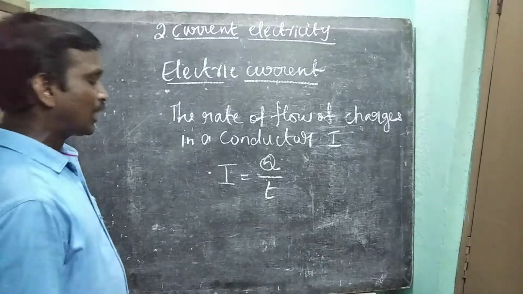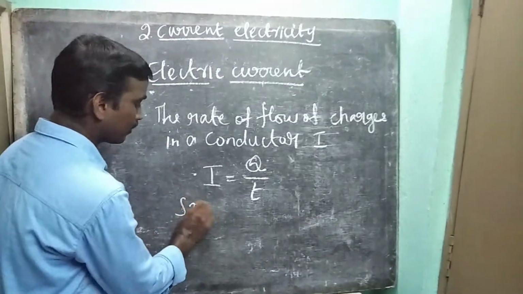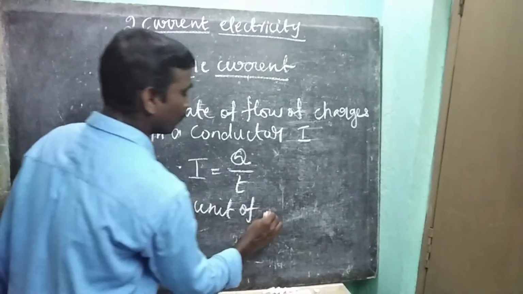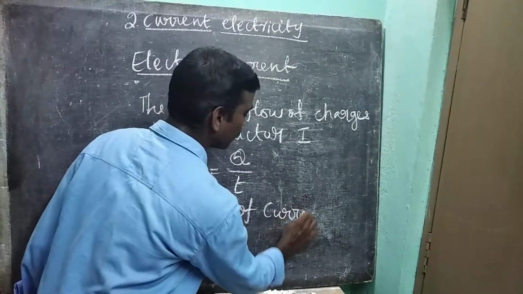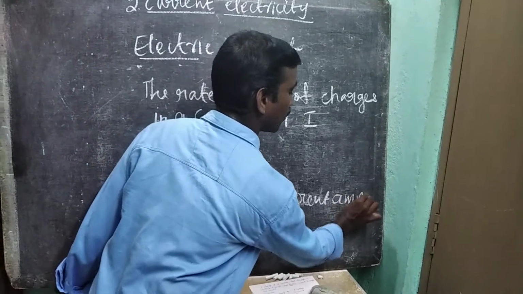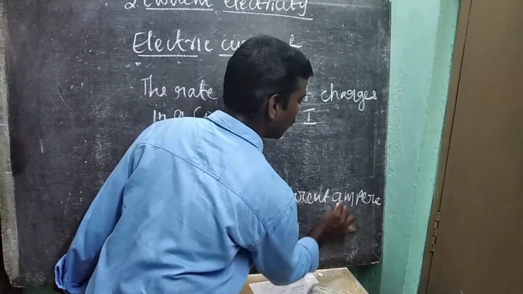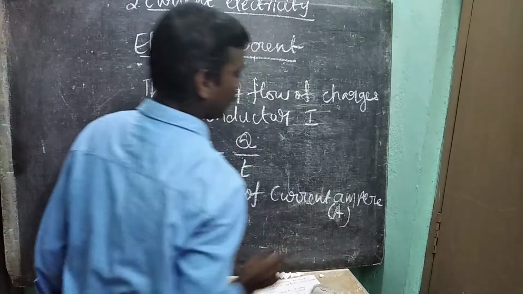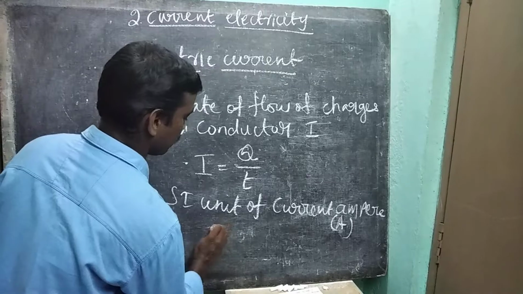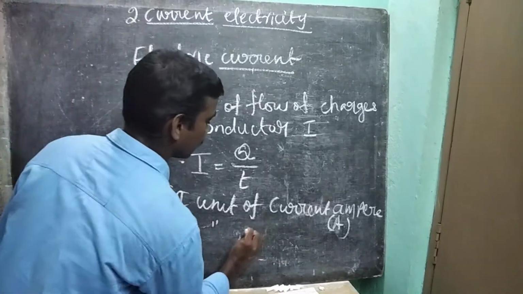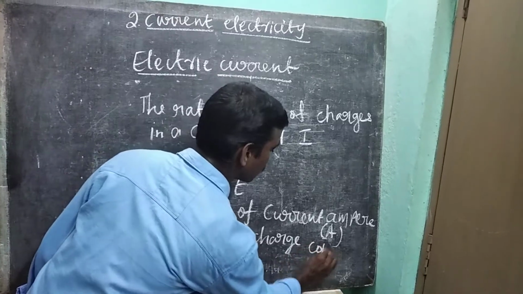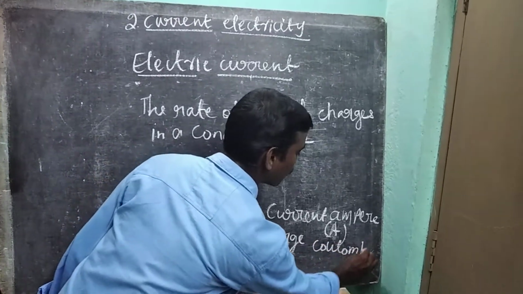Then SI unit of current is ampere. Its symbol is A. Then SI unit of charge is coulomb.